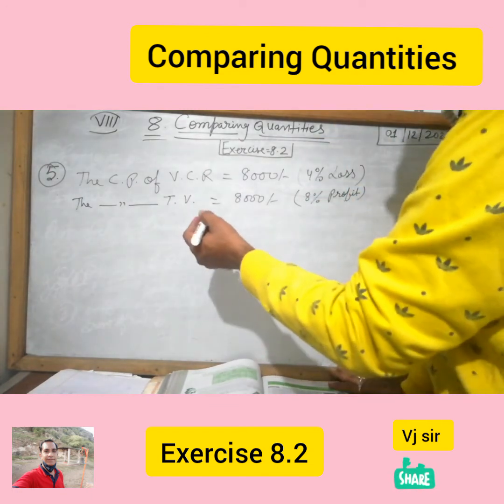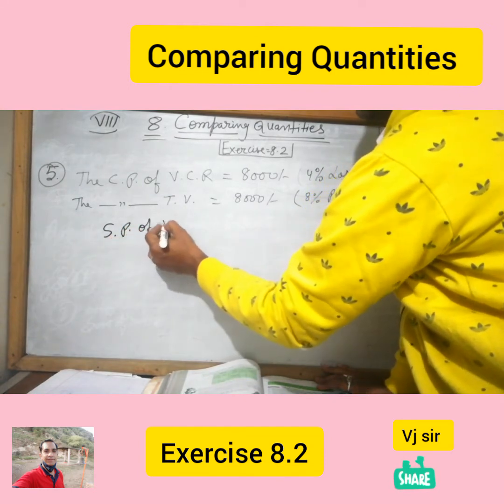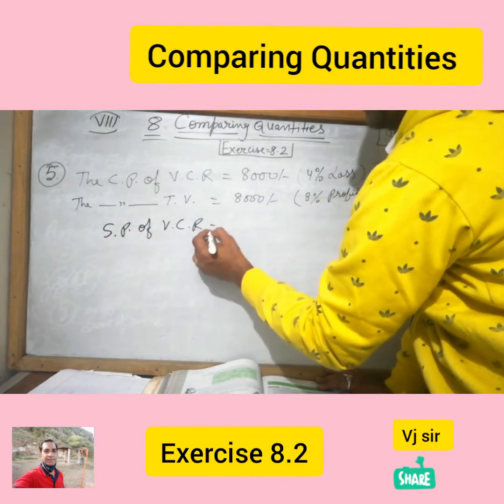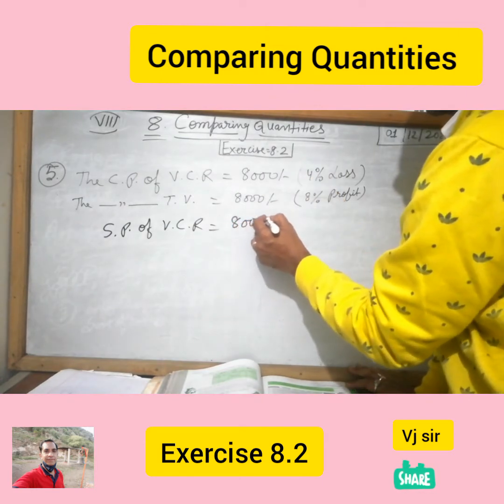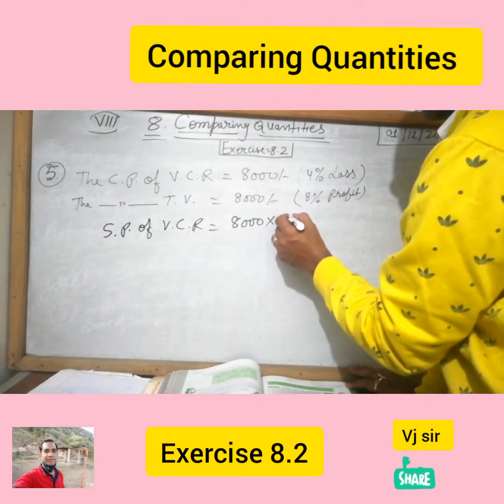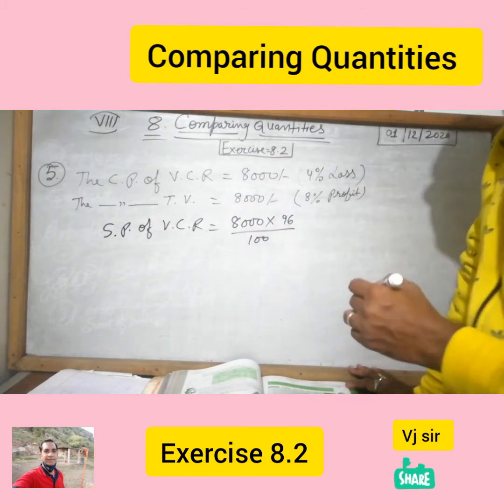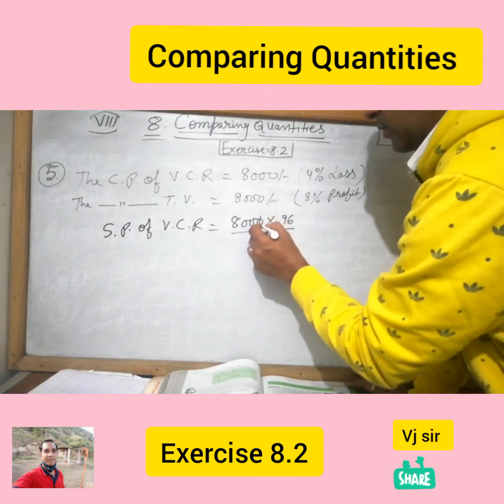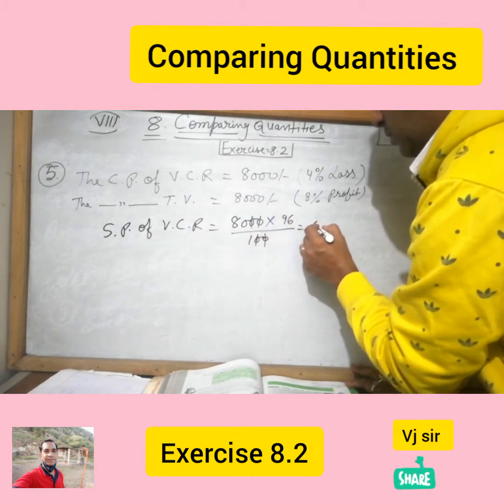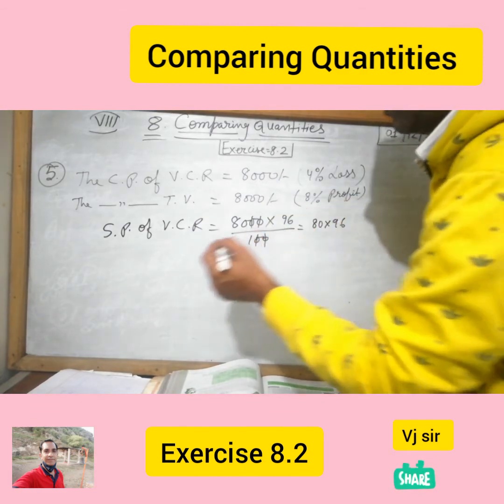Okay, so first we will find the selling price of the VCR. So there is a loss of 4%. So 100 minus 4, that is 96 upon 100. Fine. So this will cut, and 80 multiplied by 96 will be the selling price.